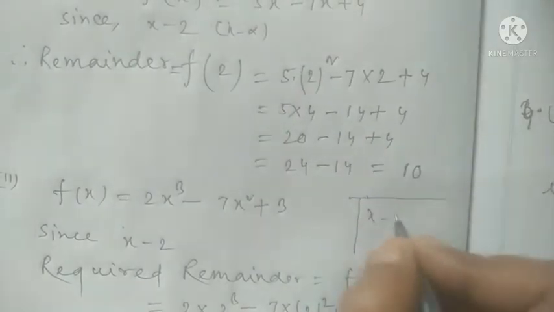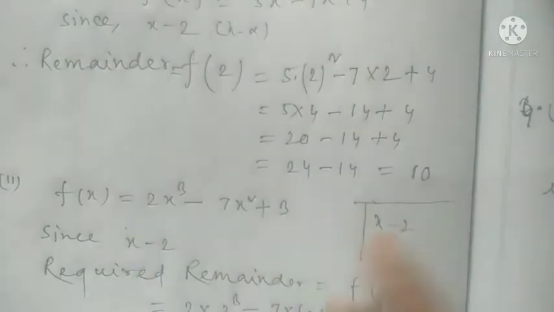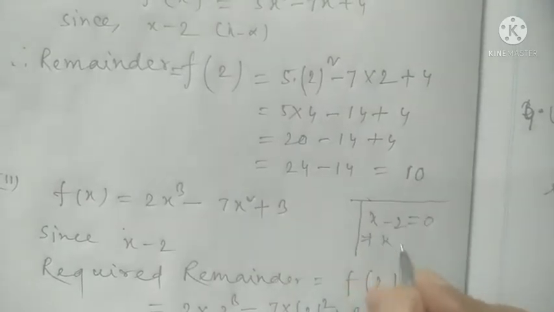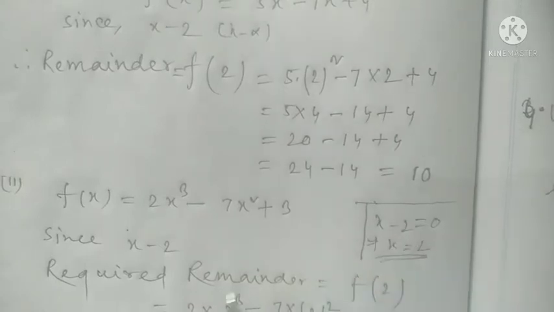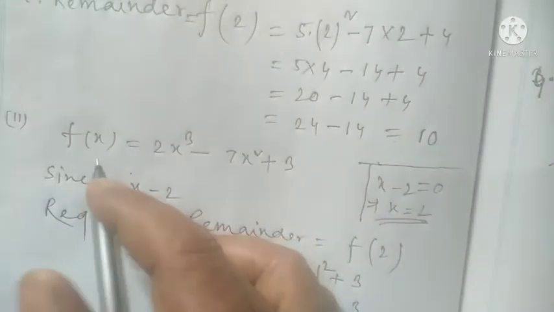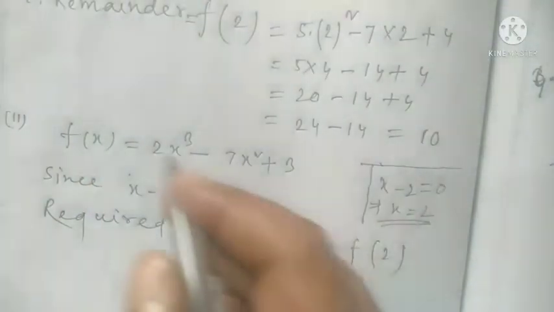So x minus 2, you have to write the divisor equal to 0. Then you can get the value of x, that means x equal to 2. So you have to put it here in the place of x. The function is already written here, so we are putting the value of x in this equation.